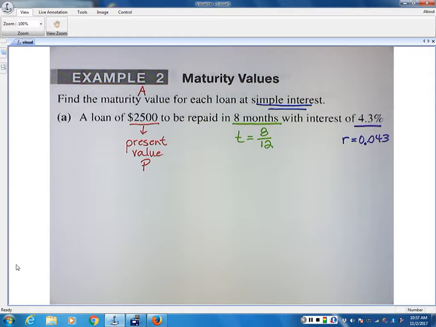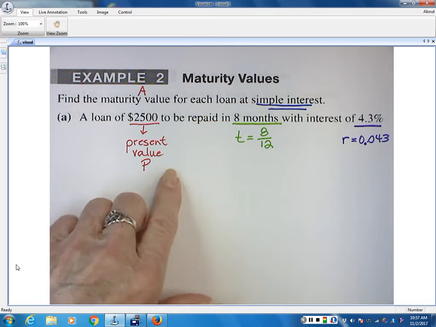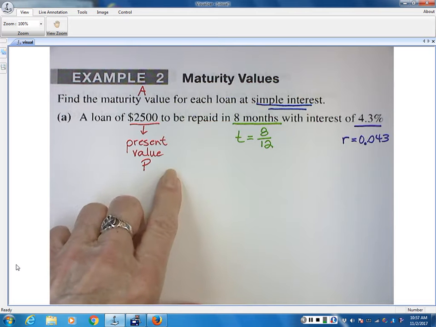So now we're ready to actually calculate the maturity value, okay?